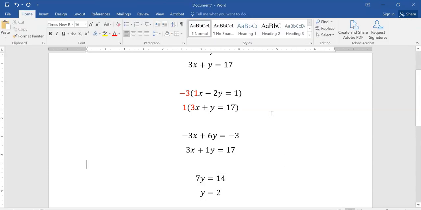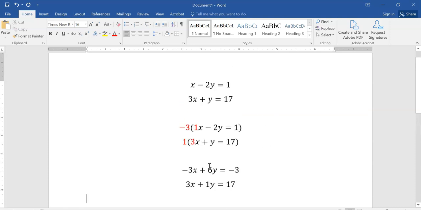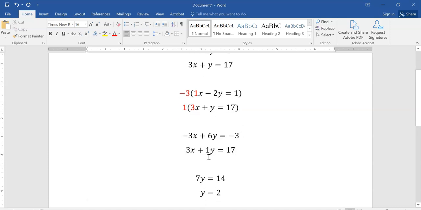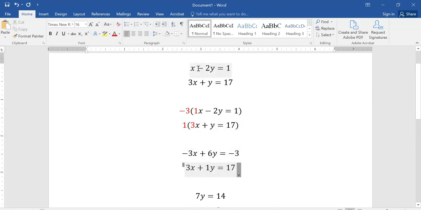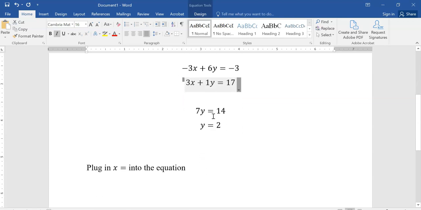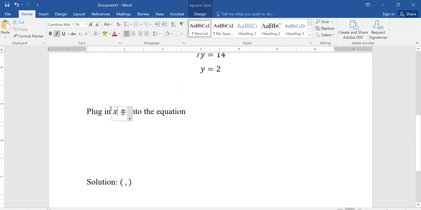So now we found y, that our y value has to be 2. By the way, you could have eliminated the y's and solved for x's as well. That's very similar to the approach I did last time. So now all we have to do is take one of our equations. I guess I'll take this first one here. And we need to plug in, in this case, y equals 2 into that equation.